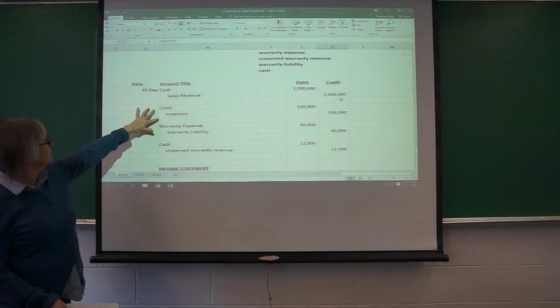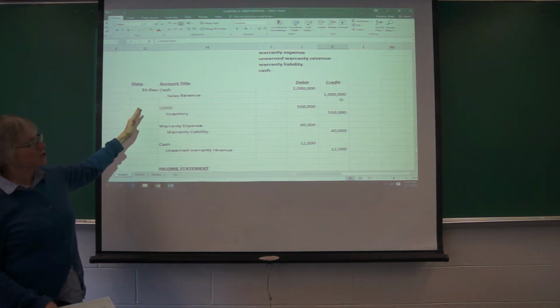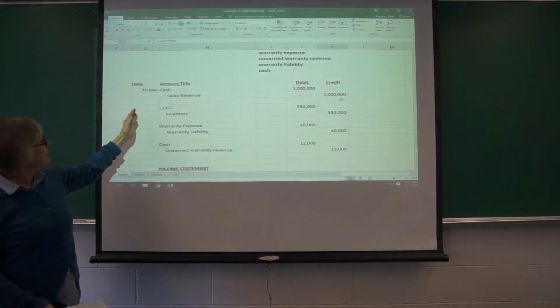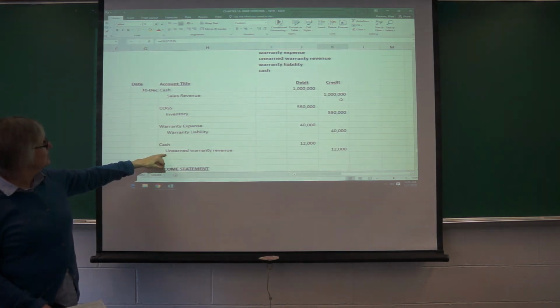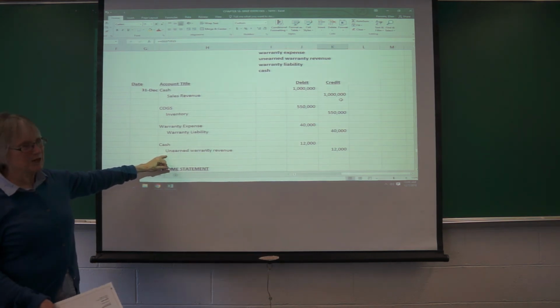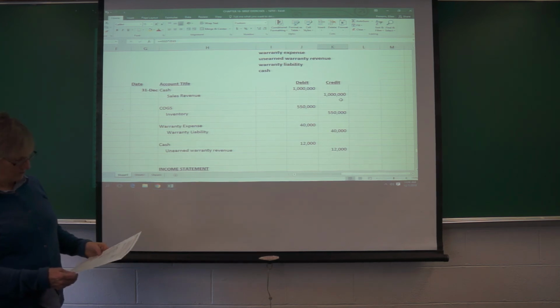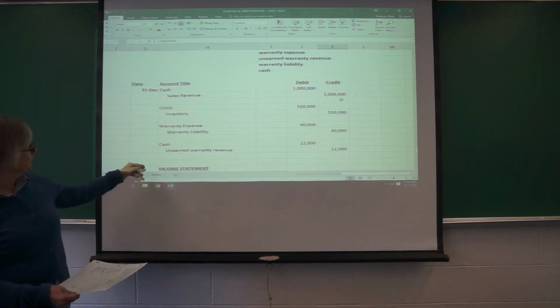Nothing new here with the cost of goods sold, inventory. But for the assurance warranty, you're going to book the expected expense that goes along with that and the liability in the year when those sales have occurred. You're also going to book cash and unearned warranty revenue for the service type warranty, which will start up in a couple of years or however that works out in this problem.